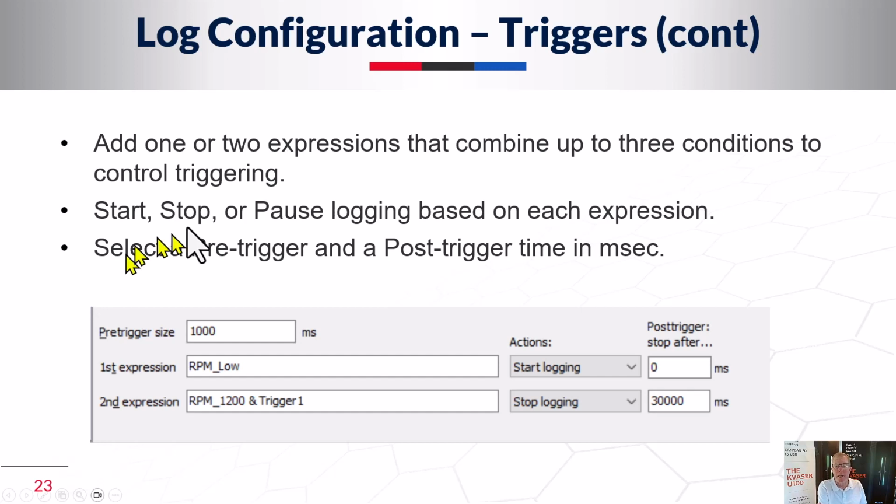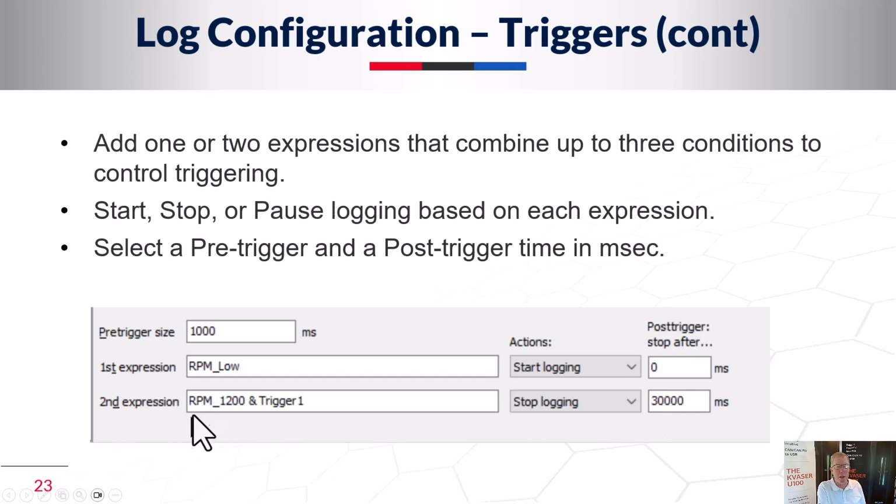So what all that means is, an example here would be my first expression is RPM low. I'm going to start logging. That's the action I'm going to take when that expression happens. My pre-trigger size is 1,000 milliseconds, so I've got 1,000 milliseconds of data before that action. And your post-trigger, here we're going to stop logging, and our post-trigger is going to be 30 seconds.